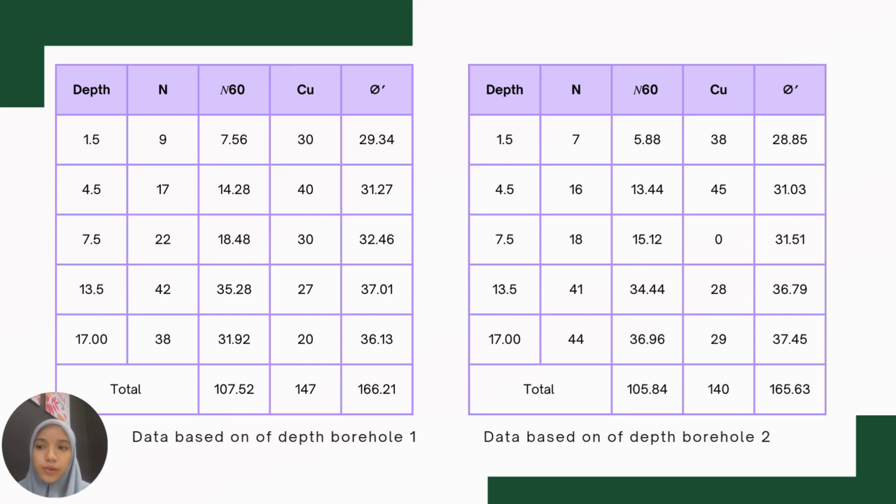All the borehole depth was 17 meters. This is the data for borehole 1 and borehole 2. The total N60 for borehole 1 is 107.52, and the friction angle is 166.21. The total for borehole 2 was N60 105.84, with friction angle 165.63.